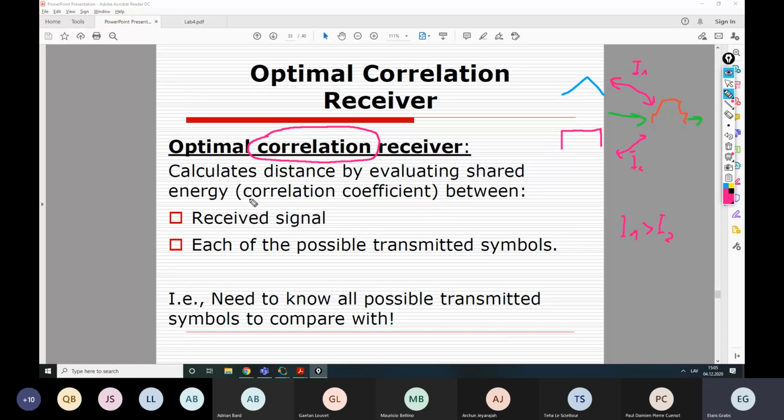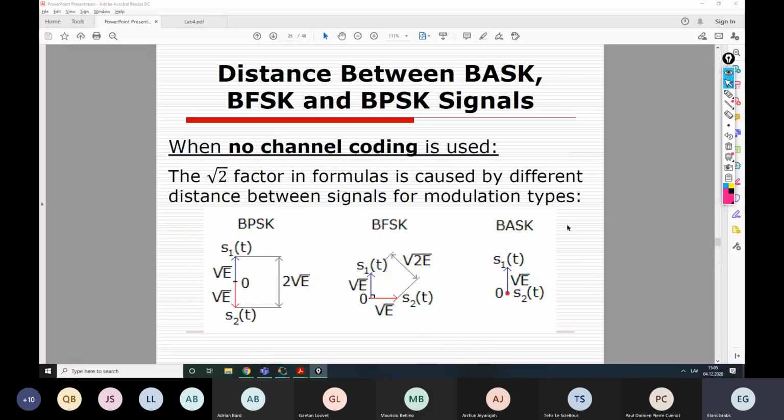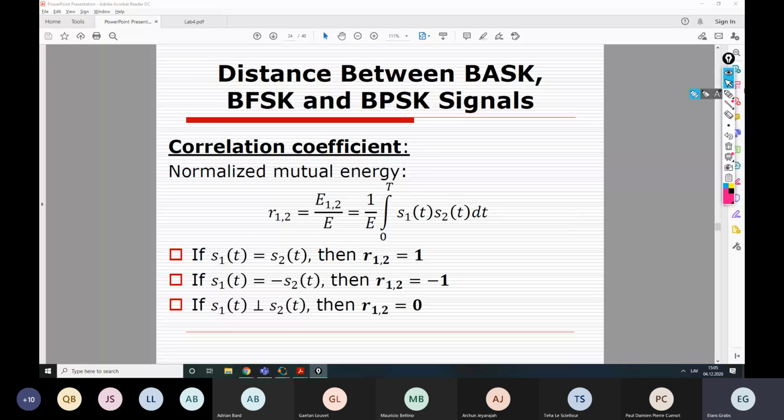So basically, this certain way has already been discovered by you when we talked about distances. That's the correlation coefficient. So let me return to that. The correlation coefficient is 1 when there is a perfect match. It's -1 when it's the opposite.